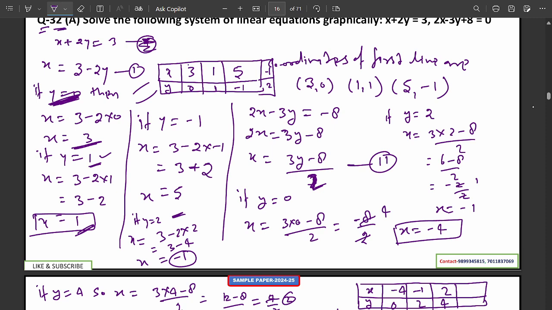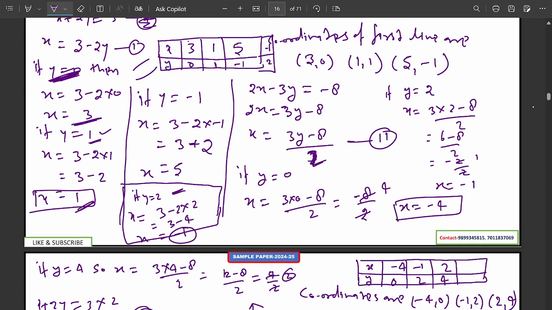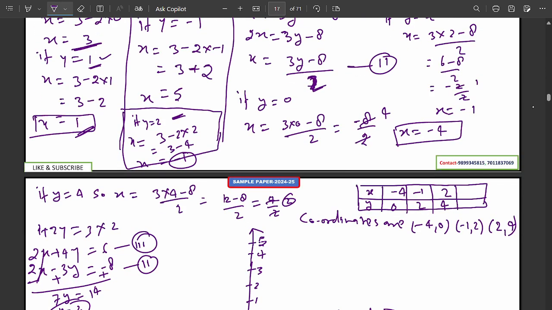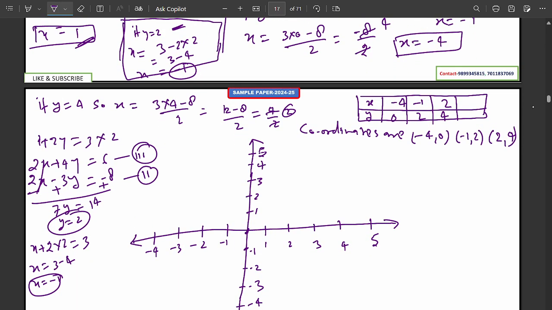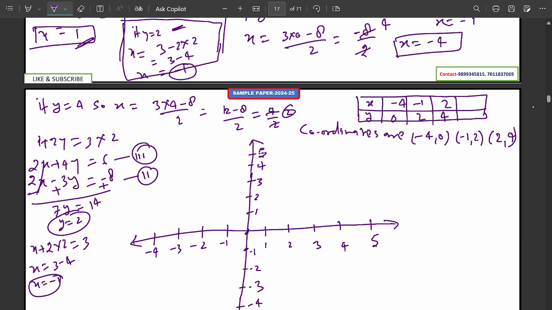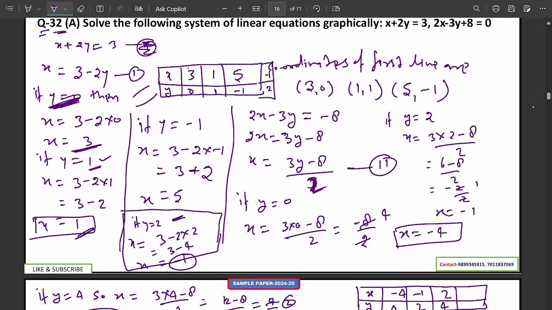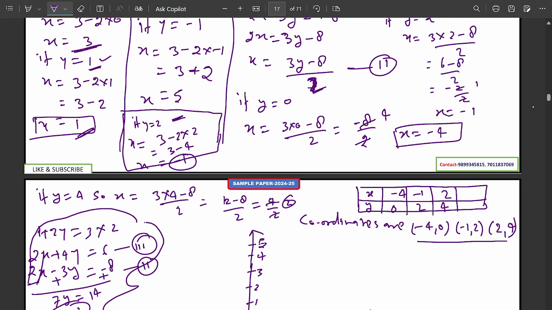This is your choice if you want to find the intersection point. This is not required to solve for the intersection point. If you plot these three coordinates and these three coordinates, you can automatically find the intersection point on the graph.